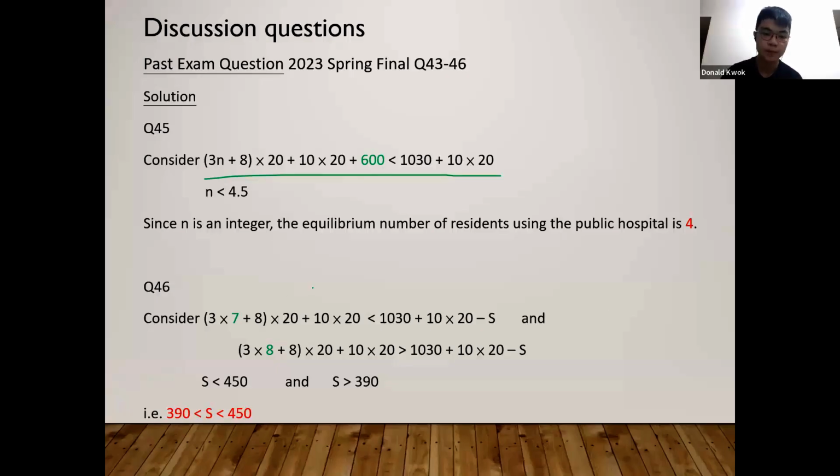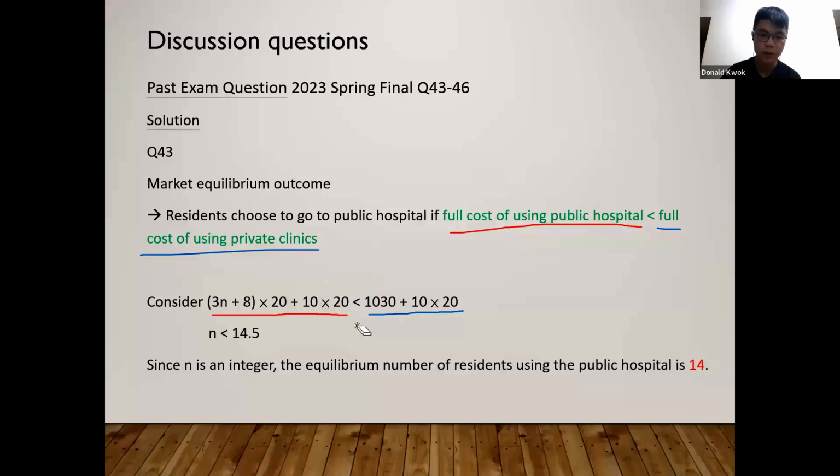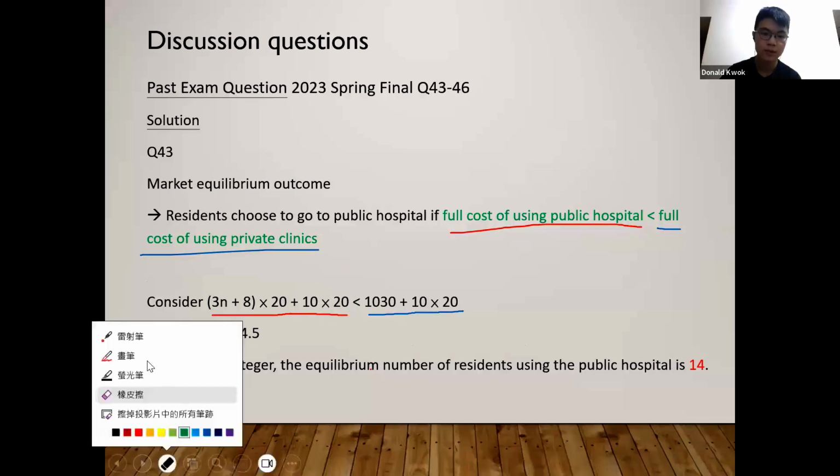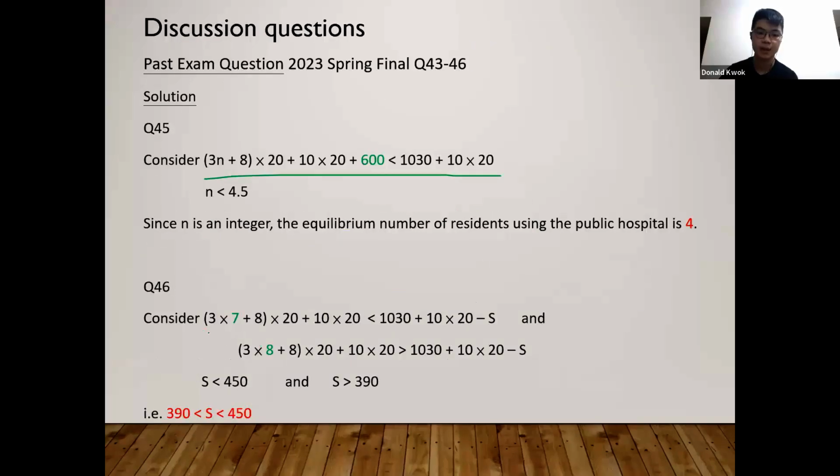So this is why we want the full cost of using public hospital for the 7th resident is still smaller than the full cost of using private clinic, taking into account the subsidy. Okay, so plug in n equals 7 and take into account the subsidy. And this will be the first inequality that we would like to solve. Okay, the thing I have put down here.